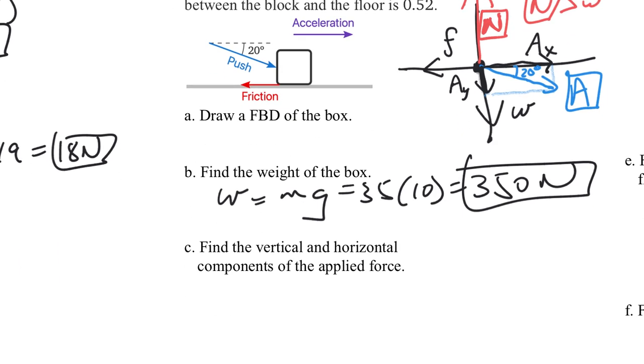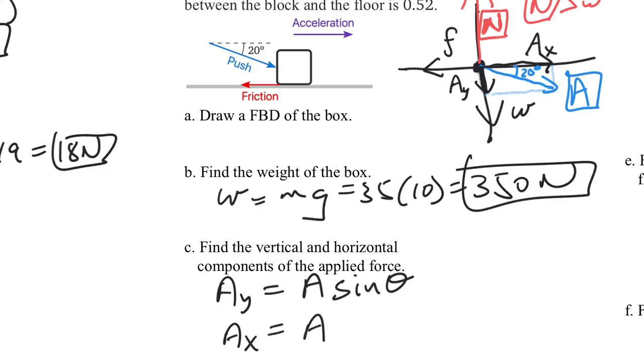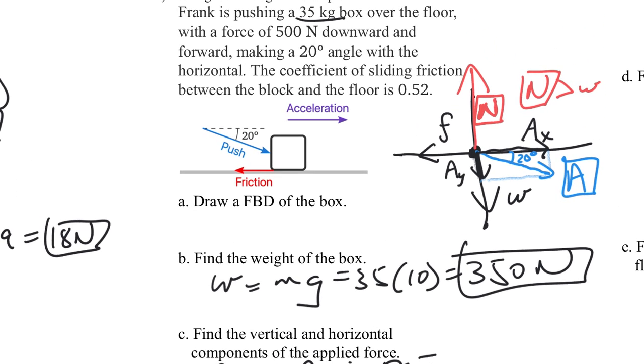Find vertical and horizontal components of the applied force. So that would be AY, AX. AY is A sine of theta. AX is A cosine of theta. So A, the push, is what? 500 newtons.